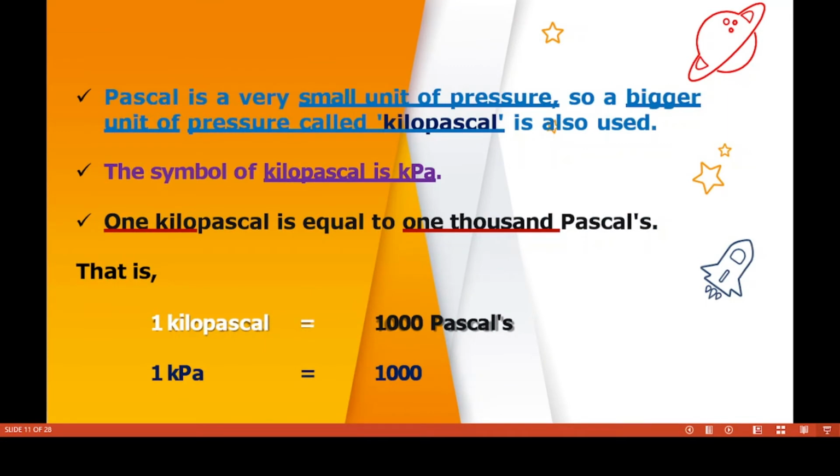Pascal is a very small unit of pressure, so we name a bigger unit of pressure called kilopascal. You know children, kilo means 1000. The symbol of kilopascal is kPa. 1 kilopascal is equal to 1000 pascal. So repeat after me, 1 kilopascal equals 1000 pascal.